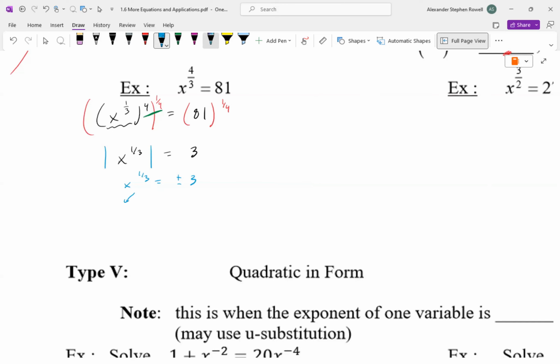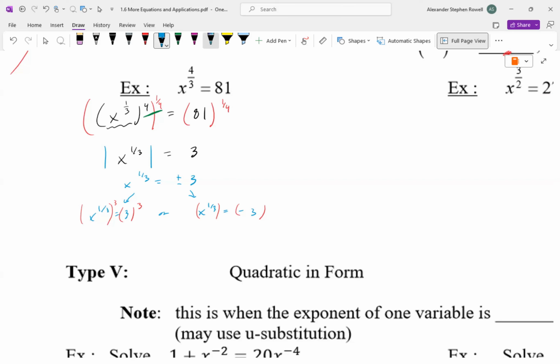So I really have two equations here. x to the 1/3 is equal to 3, or x to the 1/3 is equal to negative 3. How do I get x by itself? What's the opposite of a cube root? You cube both sides.